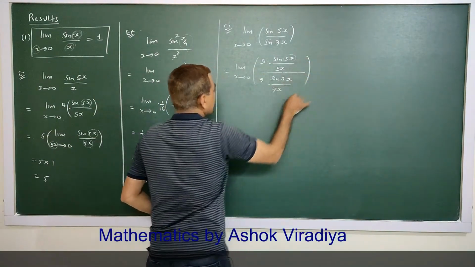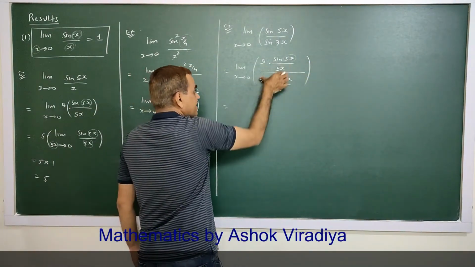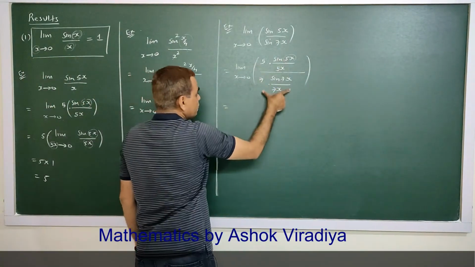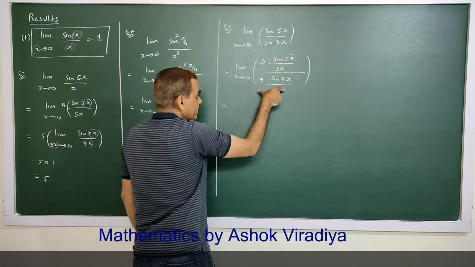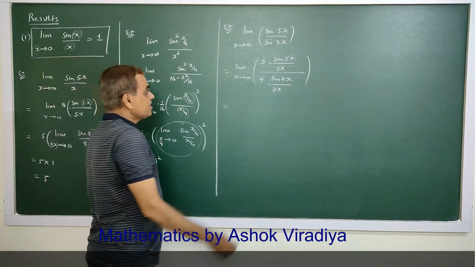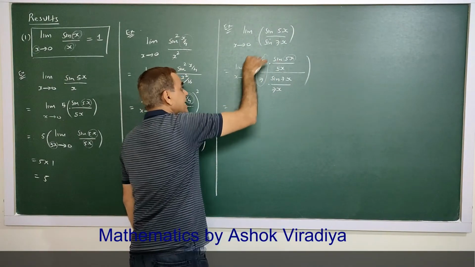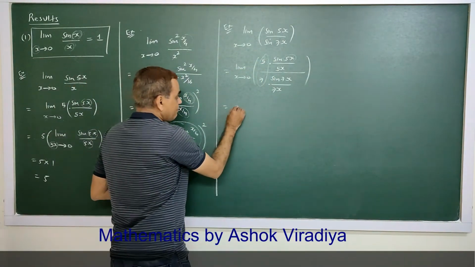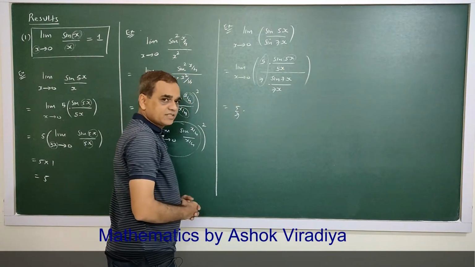And now this is limit of f(x) upon g(x). Limit of f(x) upon g(x) is limit of f(x) upon limit of g(x). This 5 by 7 is like k. K can be taken outside. 5 by 7 take outside.